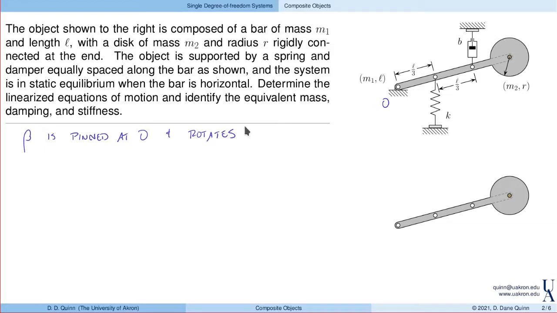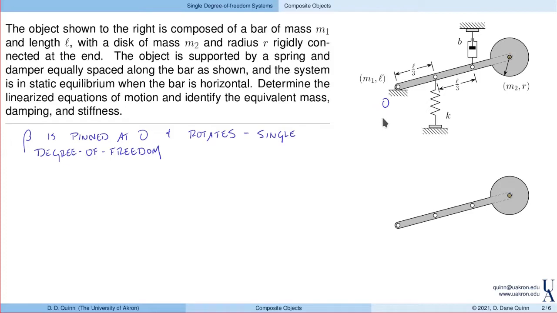Now, only one coordinate is needed to specify where this object is. So it's a single degree of freedom system. Again, we only need one coordinate. However, we'll actually identify several in order to help us along with the modeling.